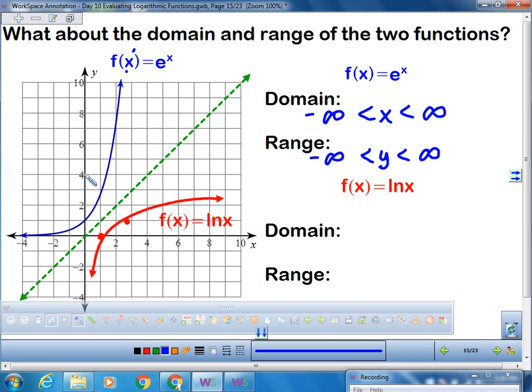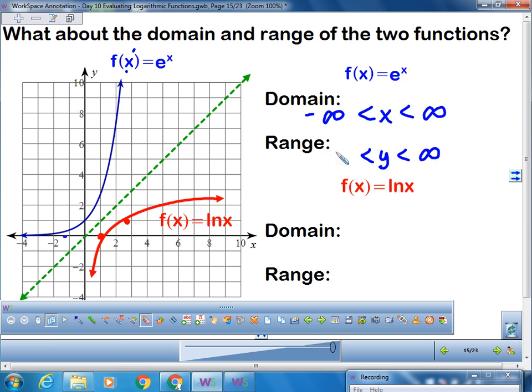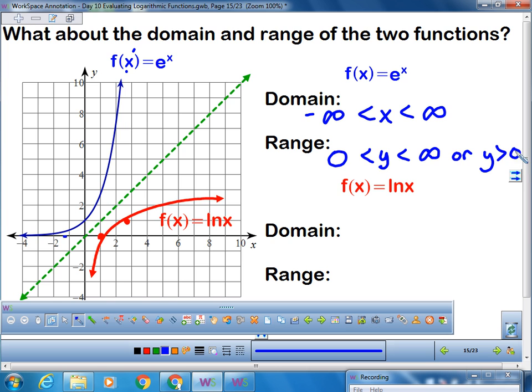What stops it? A restriction. What's the restriction? Right here, right? 0. It stops at 0. Or I could write it, y has to be greater than 0.